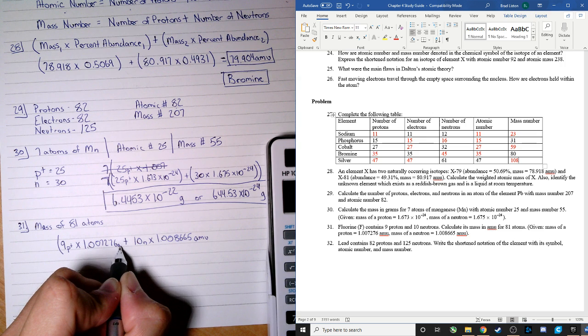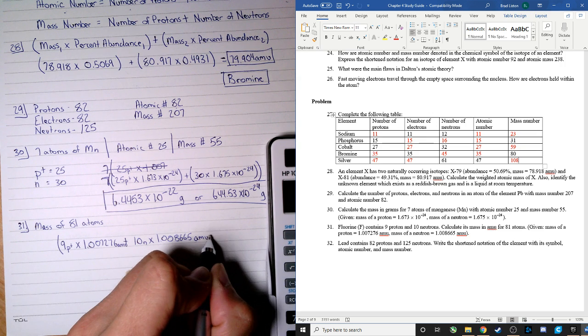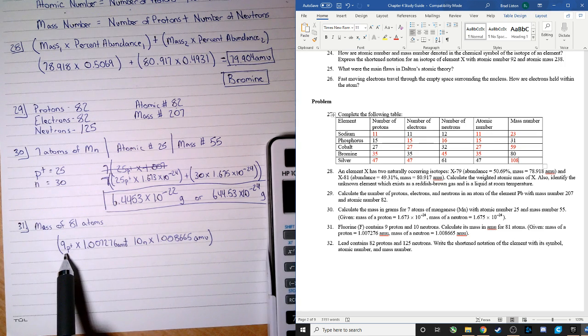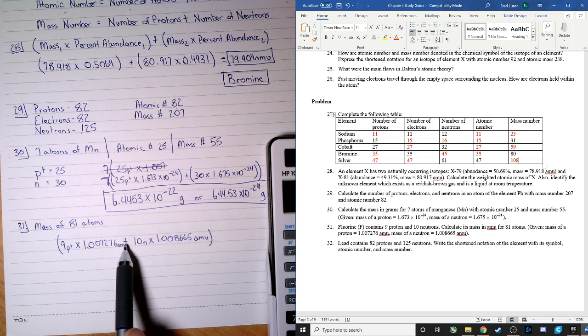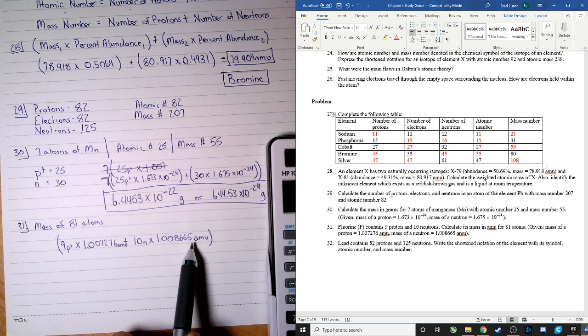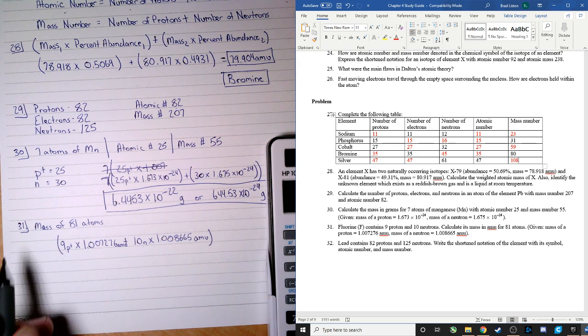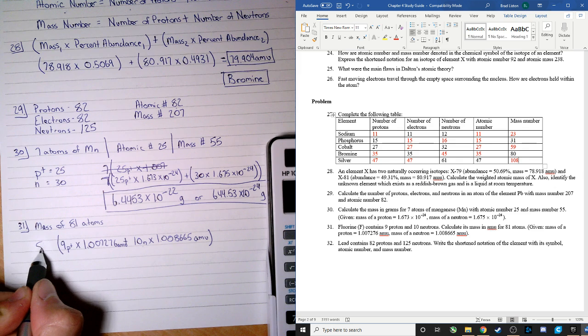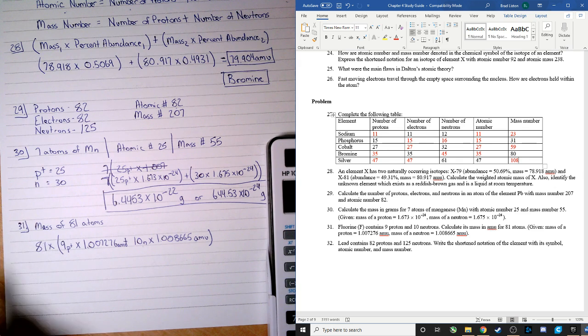I didn't write my units. 9 protons weigh this much, and you add 10 neutrons that weigh this much together, and you get the mass of one atom. If we take all that and multiply it by 81, you get the mass of 81 atoms.